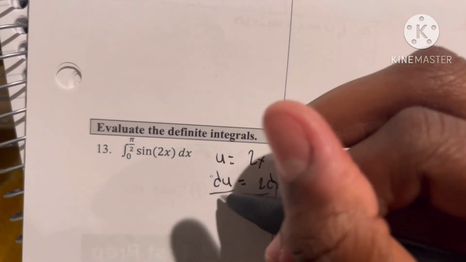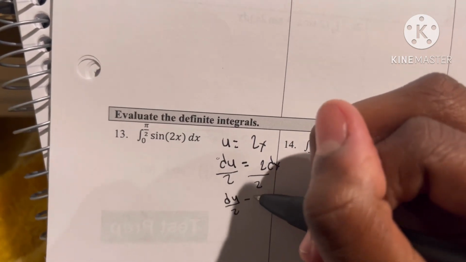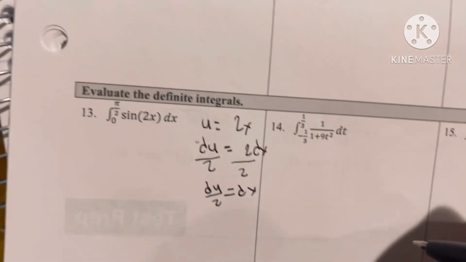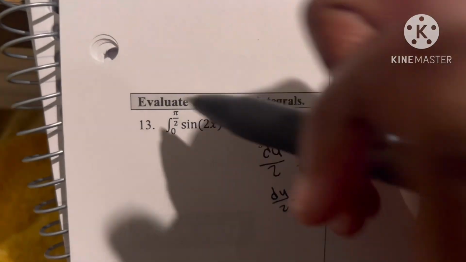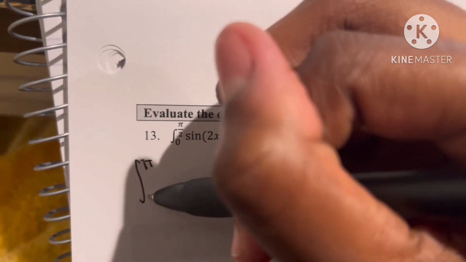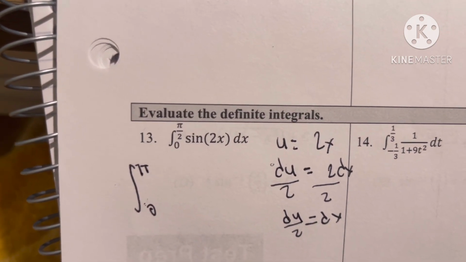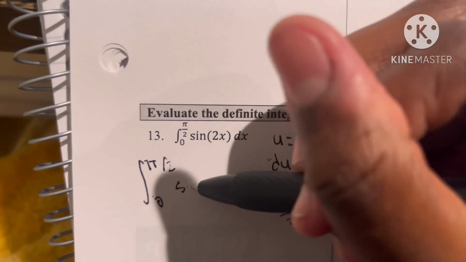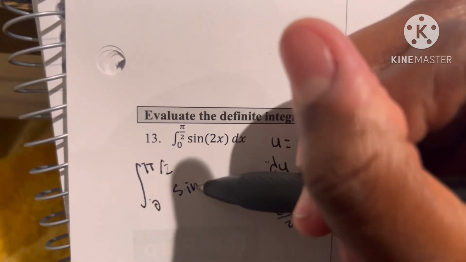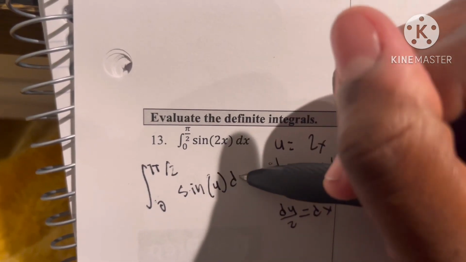Divide both sides by 2 to get dx alone, and dx equals du over 2. So now I can plug my u into my equation. I can plug u in for the x, so it'll just be u dx.